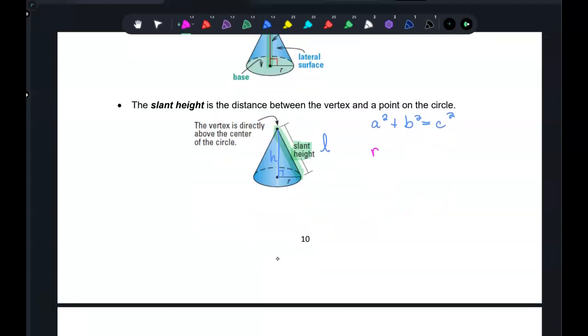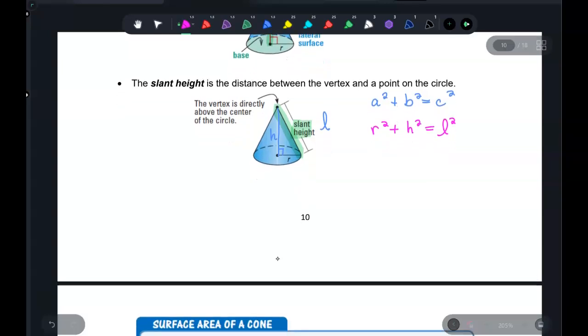L. So it's going to be r squared plus h squared equals L squared. R is the radius, H is the height, and L is the slant height.